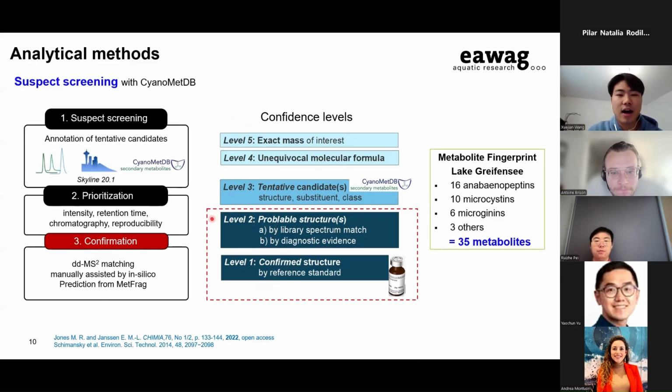Later, all the metabolites that I show you the results for are within these two confidence levels. In total, I defined around 35 metabolites, mainly belonging to three peptide compound classes, including anabaenopeptins, microcystins, and the microginins.